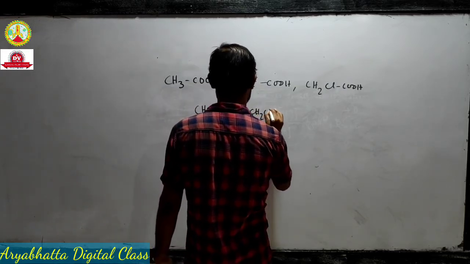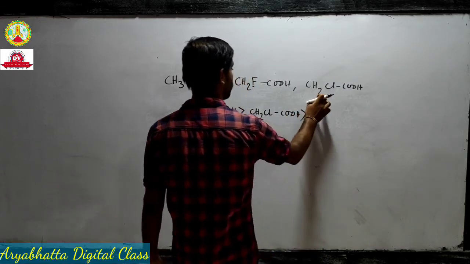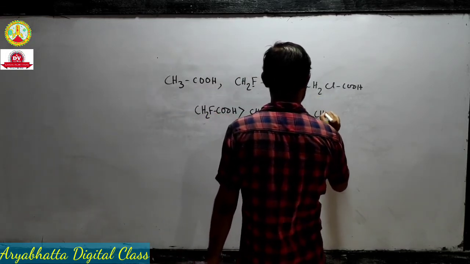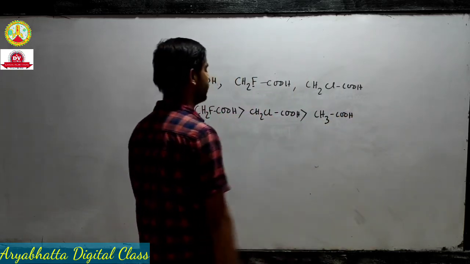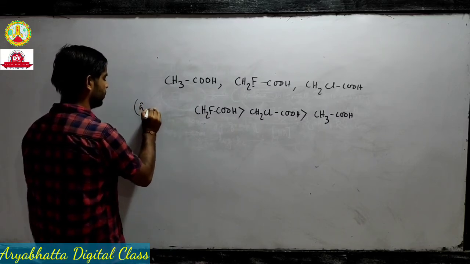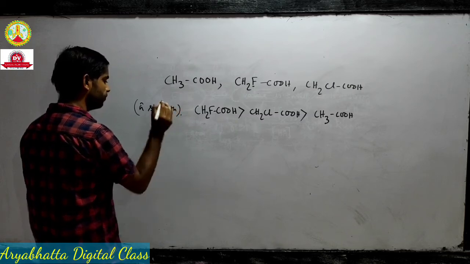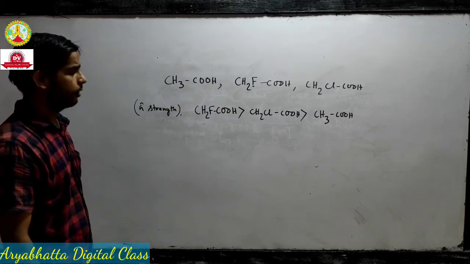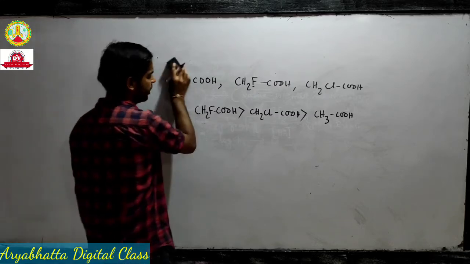After that, chlorine is the next strong pulling group, and methyl is actually an electron donating group. So this will be the acidic strength order. In this way you can determine the acidity of different types of carboxylic acids.